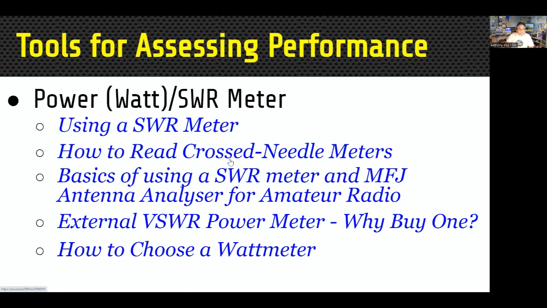Another article on basics of using the SWR meter and an MFJ antenna analyzer, and that's a YouTube video. And information on external variable VSWR meters, why buy one, and how to choose a watt meter. So these are all resources that I'll let you peruse on your own. There will be homework out there tonight.